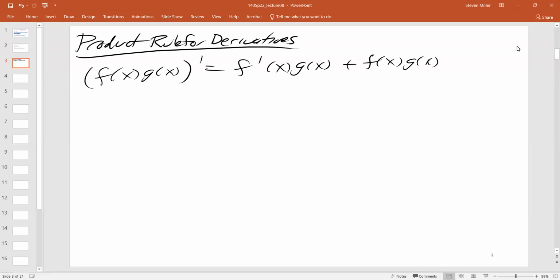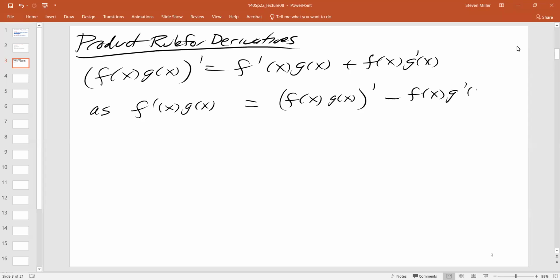We can write it as either f prime g plus f g prime or f g prime plus f prime g. Normally we do the f prime first. So we can rewrite this, and we've talked about this before, as f prime of x g of x equals f of x g of x prime minus f of x g prime of x.